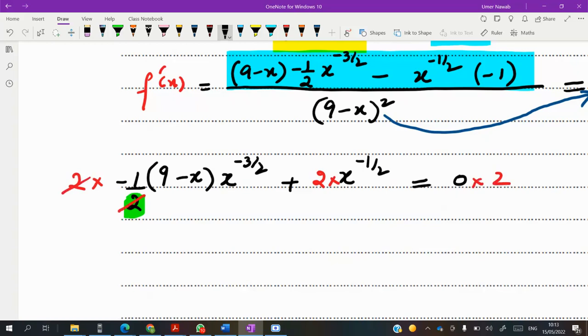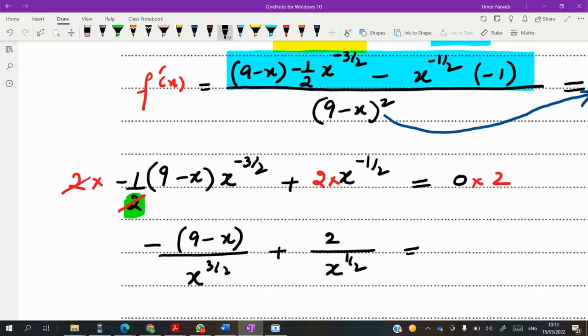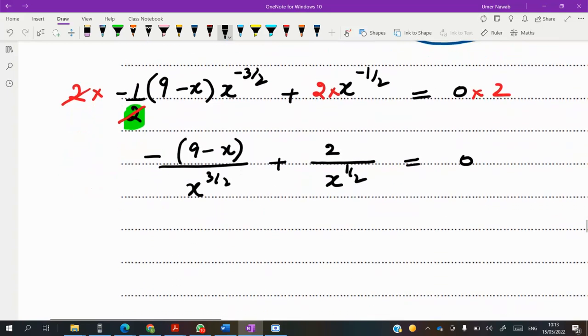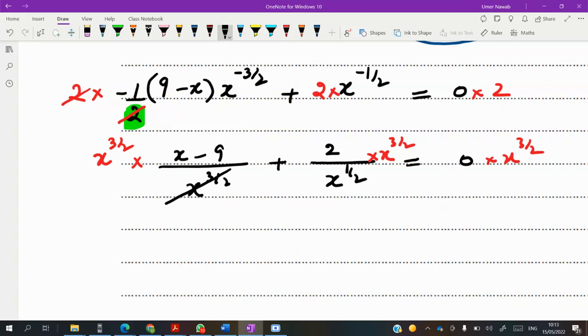So I'm going to get minus (9 minus x) over x to the power 3 over 2, plus 2 over x to the power 1 over 2, is equal to 0. Clear? And you can send the minus inside, so it becomes x minus 9. Now you may multiply by x to the power 3 over 2 on each term, and they will cancel.